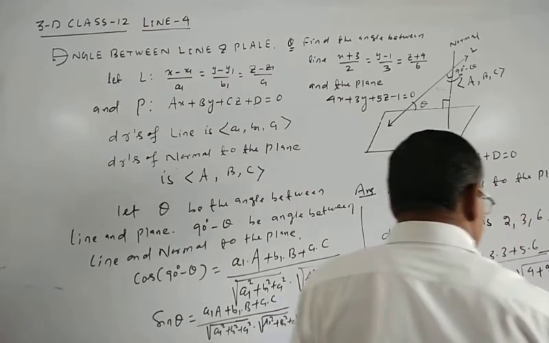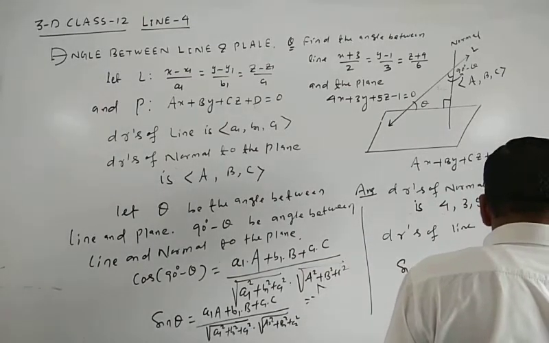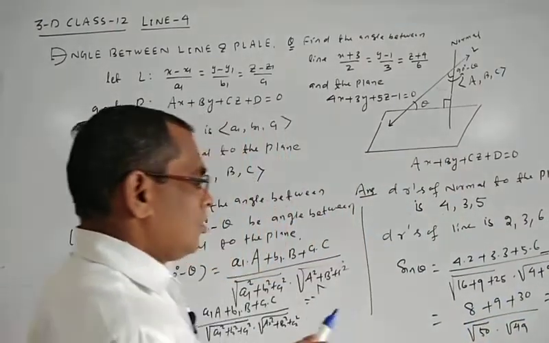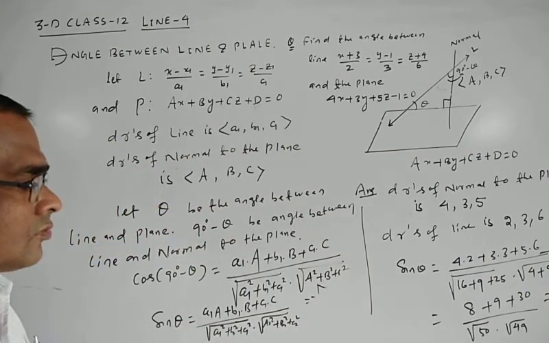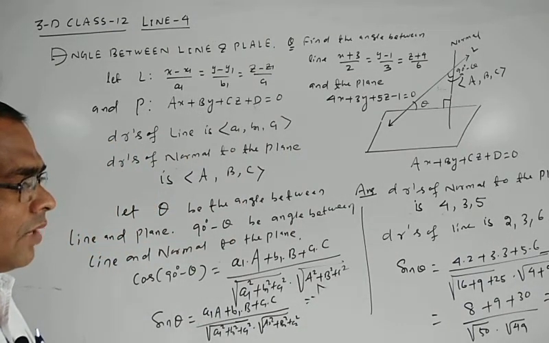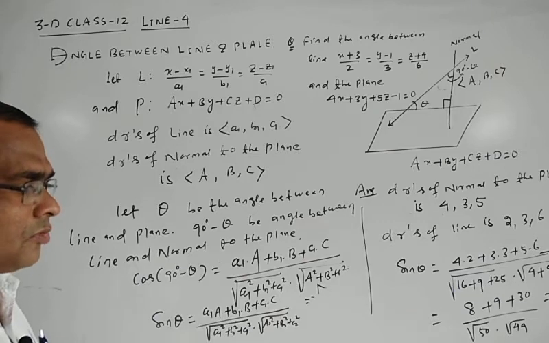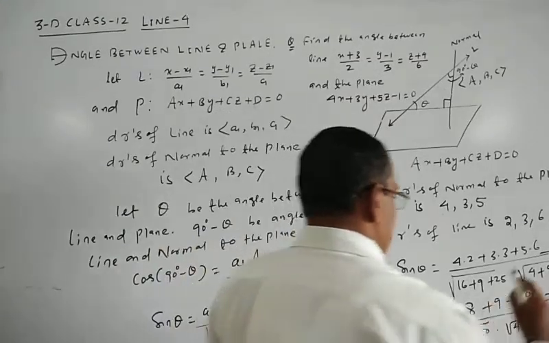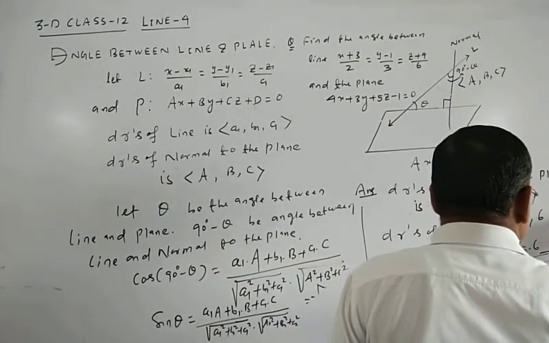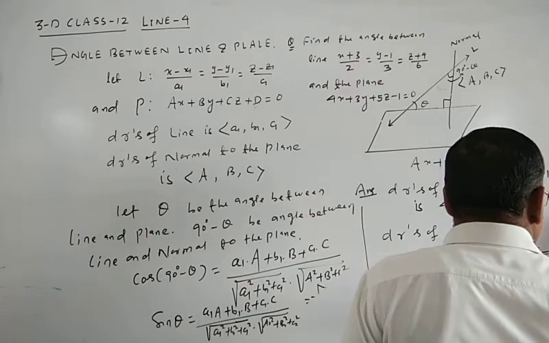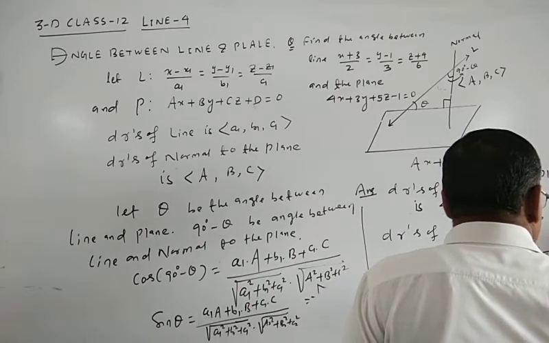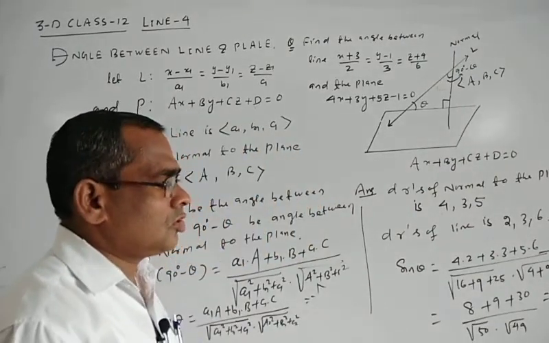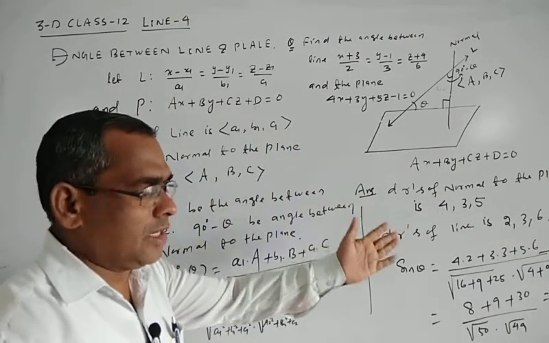So this is equal to 47 by 35 root 2. So theta is equal to sin inverse of 47 by 35 root 2. So this is the angle between line and the plane.